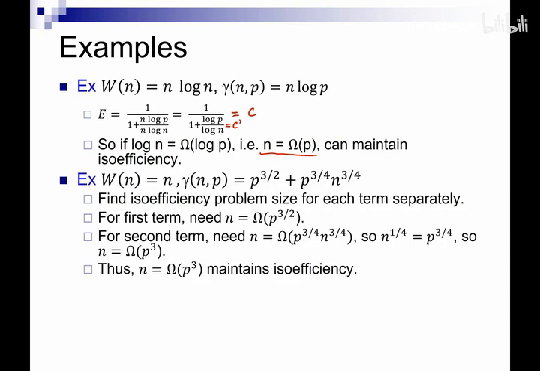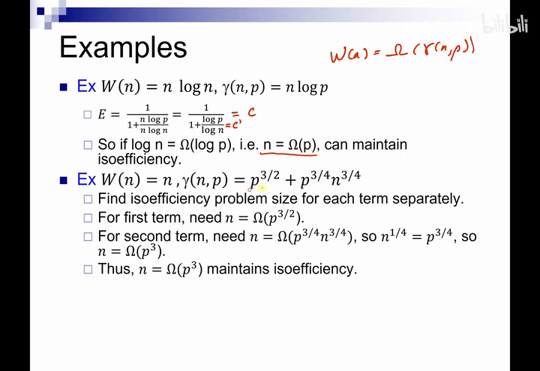Okay, let's do another example. Now here, suppose that the amount of work is just n, and suppose the overhead is going to be this complicated expression. Here, if you want to have isoefficiency, then again you need W of n to be omega of this overhead term.